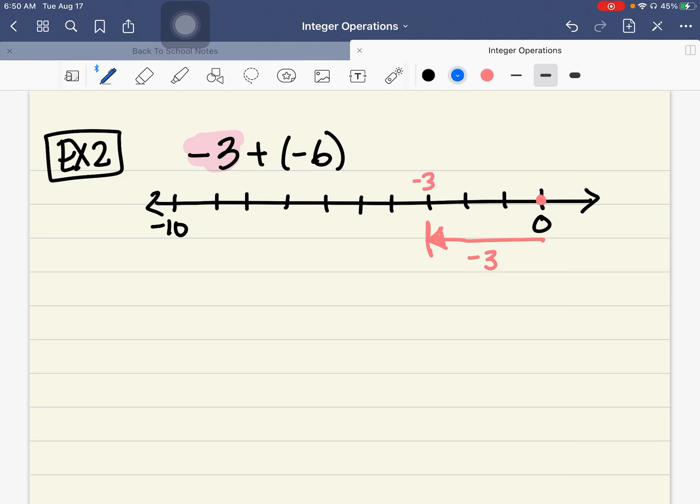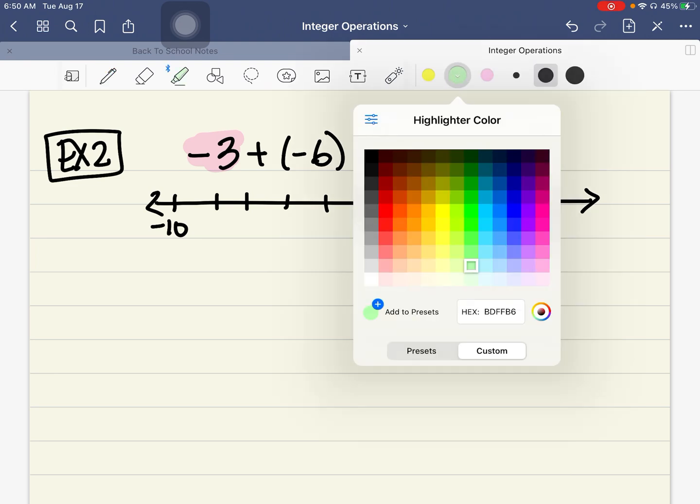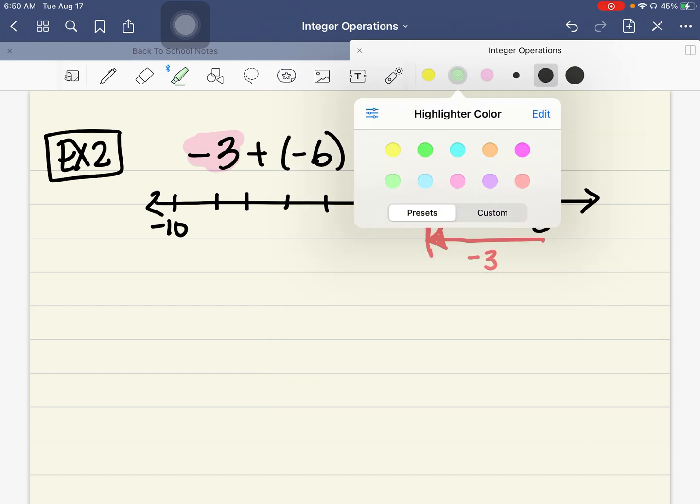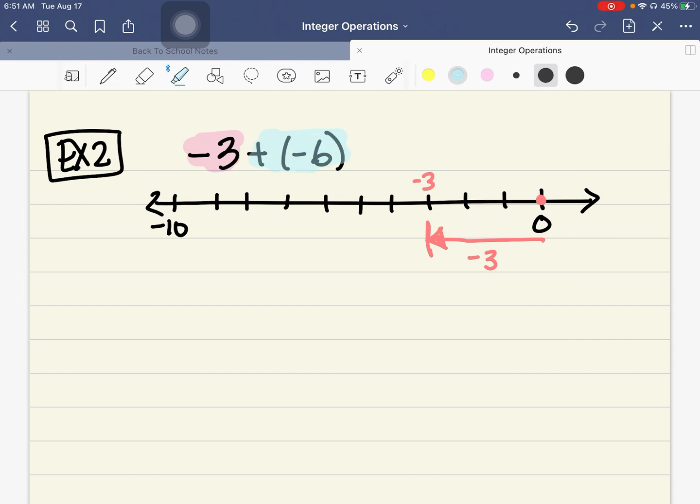And then we want to combine -6 more. So that means from here, I've got to go -6 more. Well, that's 1, 2, 3, 4, 5, 6. That stops me right here.